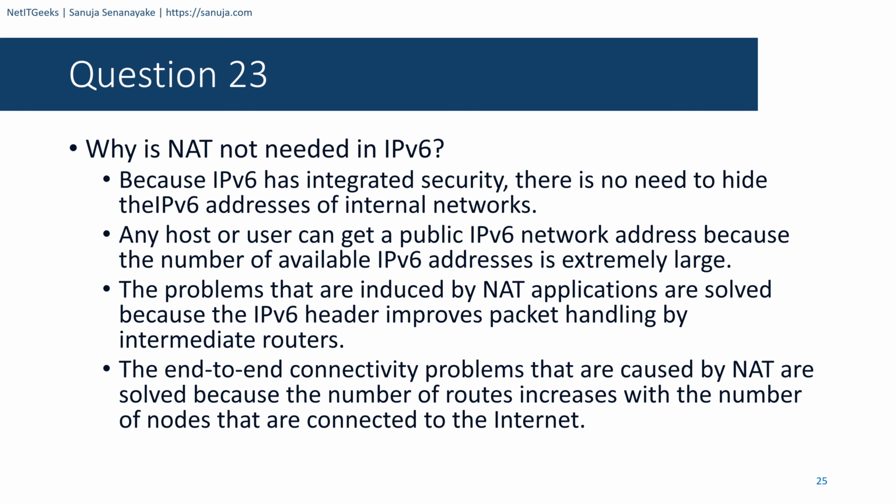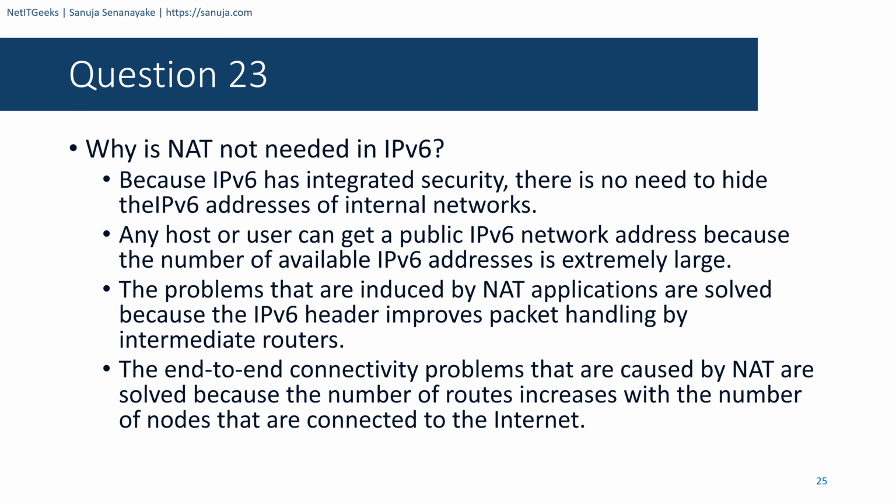The problems induced by NAT applications are solved because the IPv6 header improves the packet handling by intermediate routers. The end-to-end connectivity problems caused by NAT are solved because the number of routes increases with the number of nodes connected to the internet.